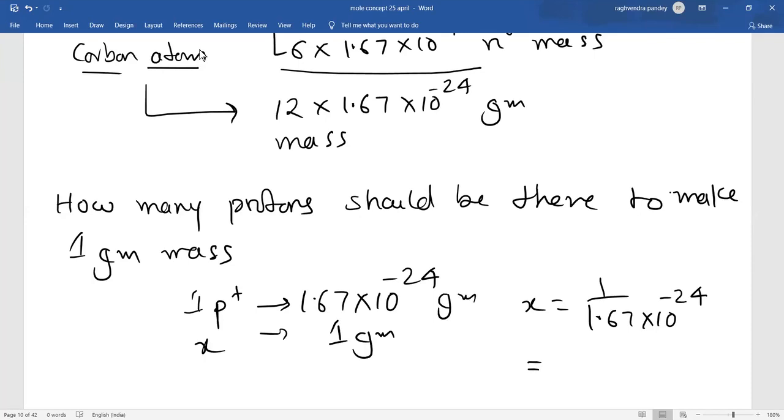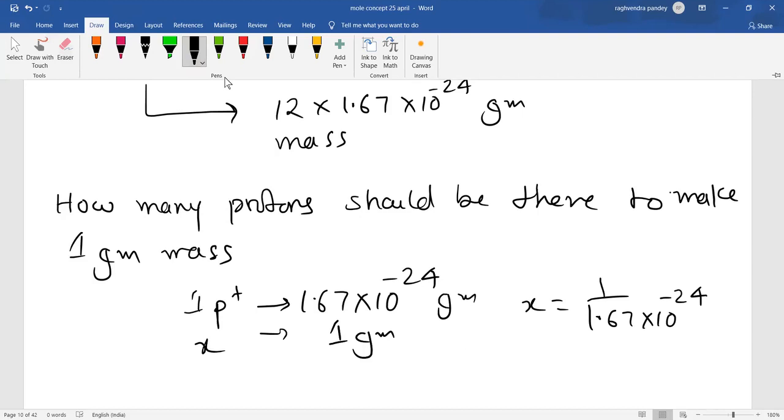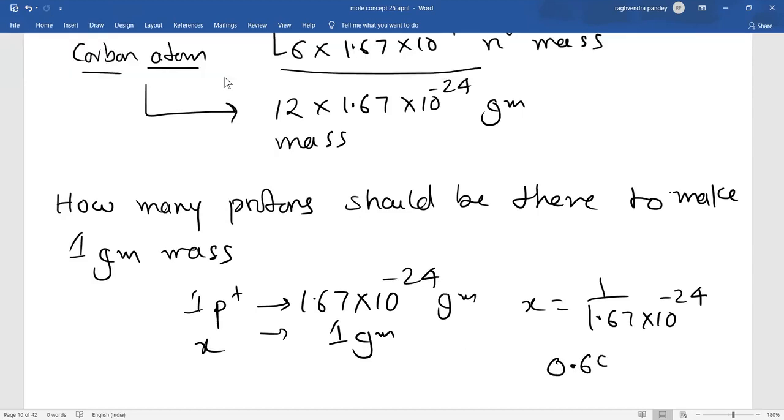When we do it, we get 0.59 something like that, so it is approximately 0.6. The actual value is 0.6029 into 10 to the power 24, that is equal to x.